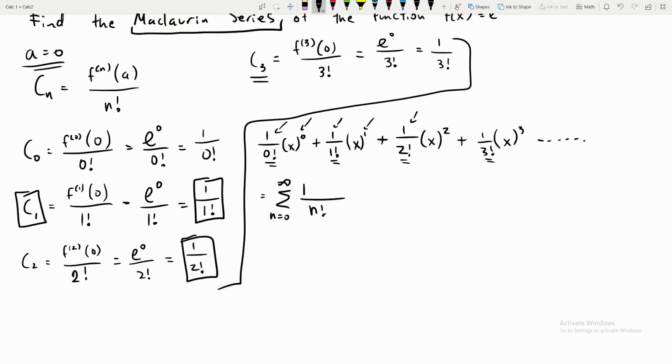Well, we see x to the power of 0, 1, 2, 3, and that is obviously going to be x to the power of n. So if we want to simplify this and get rid of that 1, it's the same thing, but without the 1. It'll be x to the n over n factorial. And there is our Maclaurin series for this function. Again, it's nothing really difficult. We just keep on applying this formula right here until we start slowly seeing a pattern from it, and then we write it in this sigma notation.